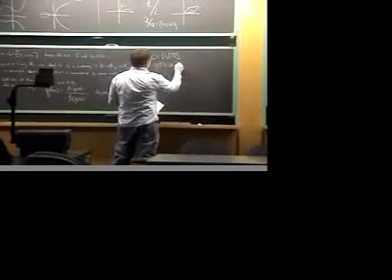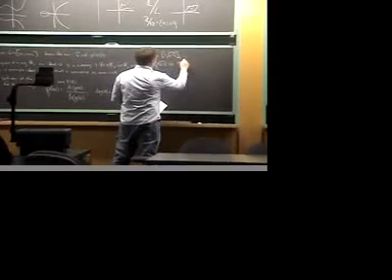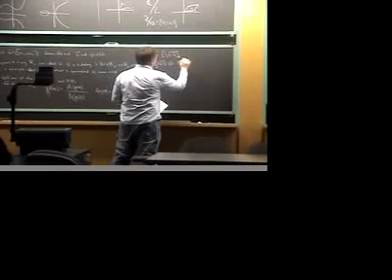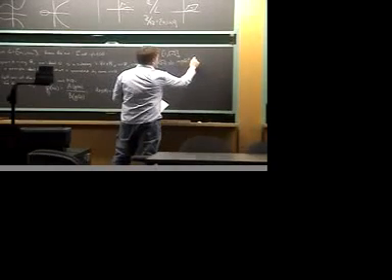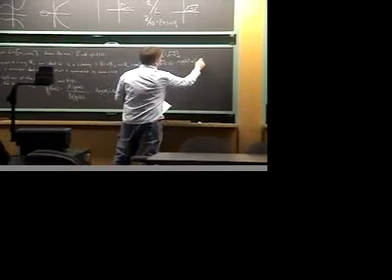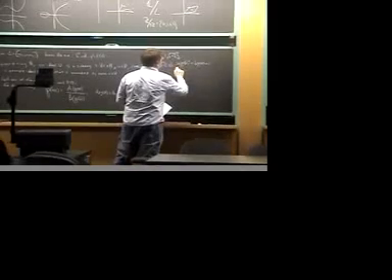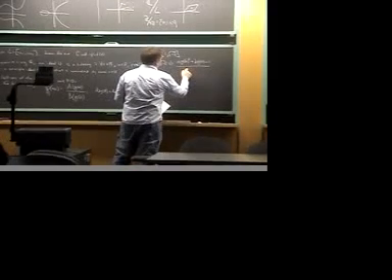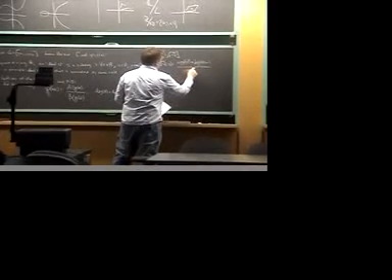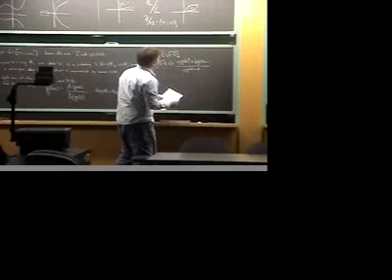So we can write it as A of c plus d over B of c plus d.